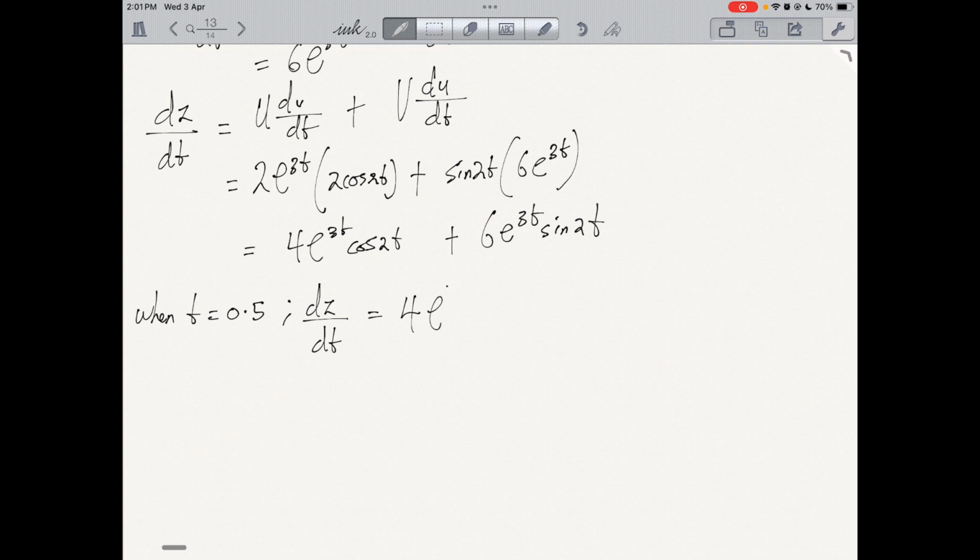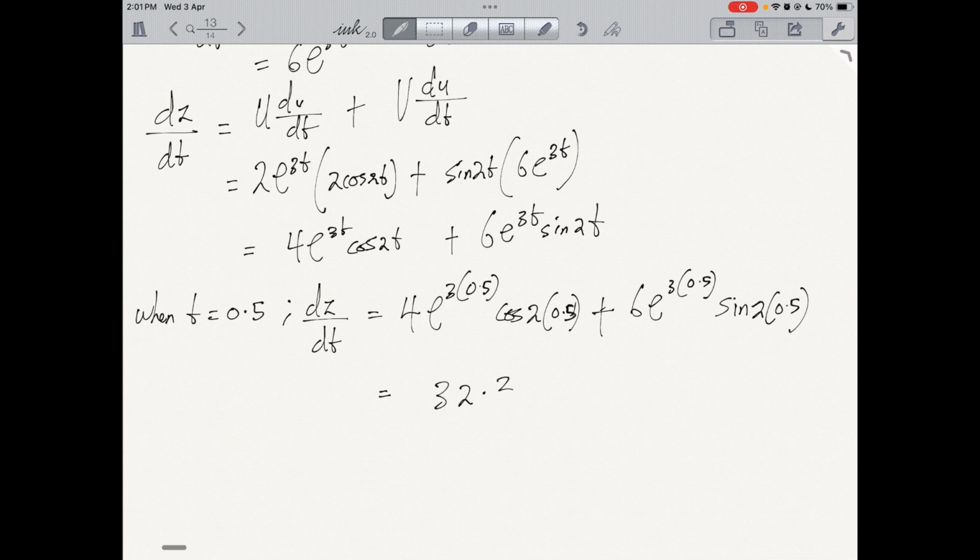That's 4 exponential(3 × 0.5) cos(2 × 0.5) plus 6 exponential(3 × 0.5) multiplied by sine(2 × 0.5). And remember that the 0.5 in the trigonometrics are in radians. So we solve this with our calculator. We have 32.31.